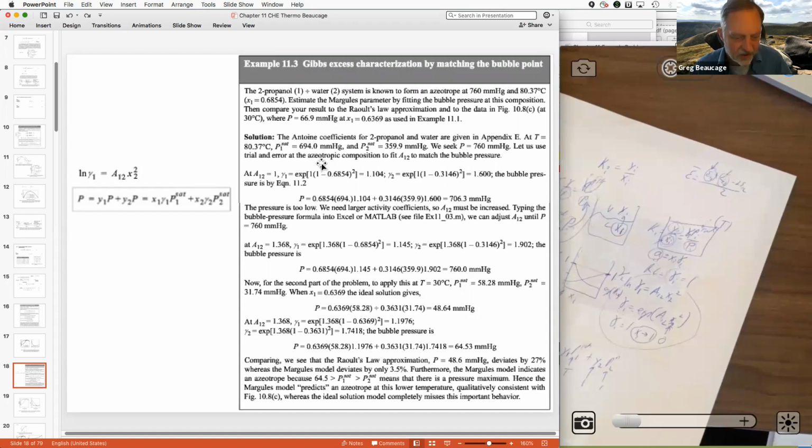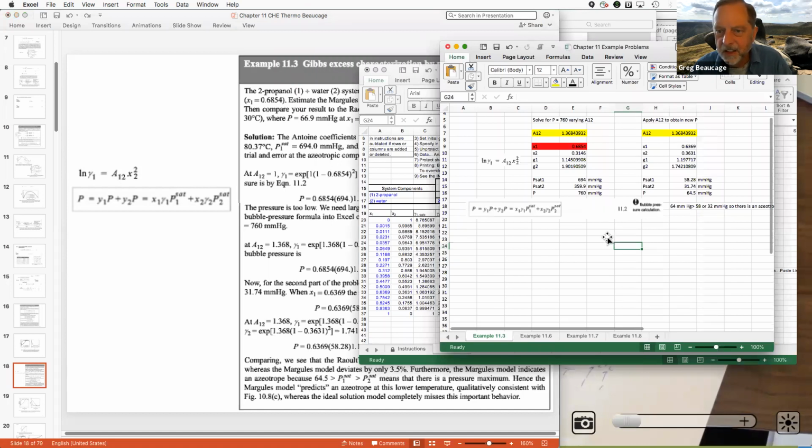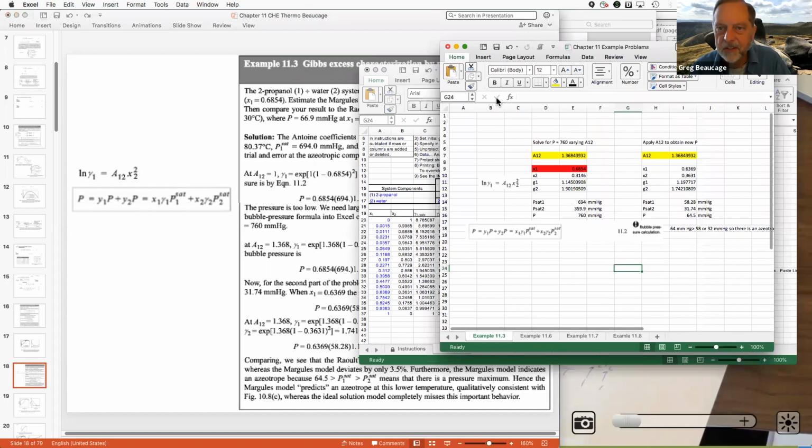Anyway, this is how you do these. This one's going to be a simple solver routine.